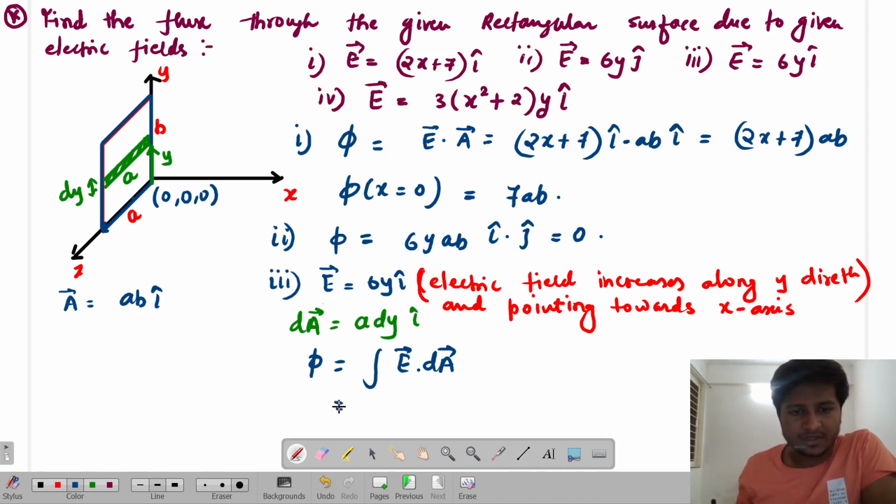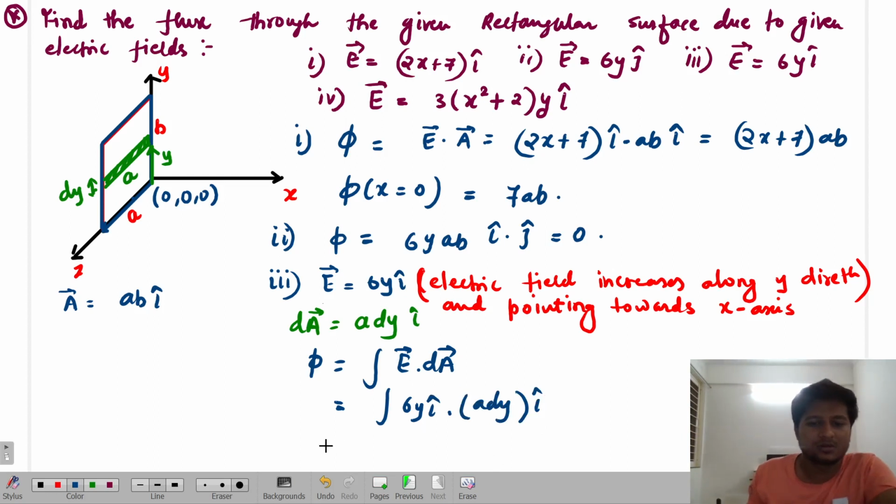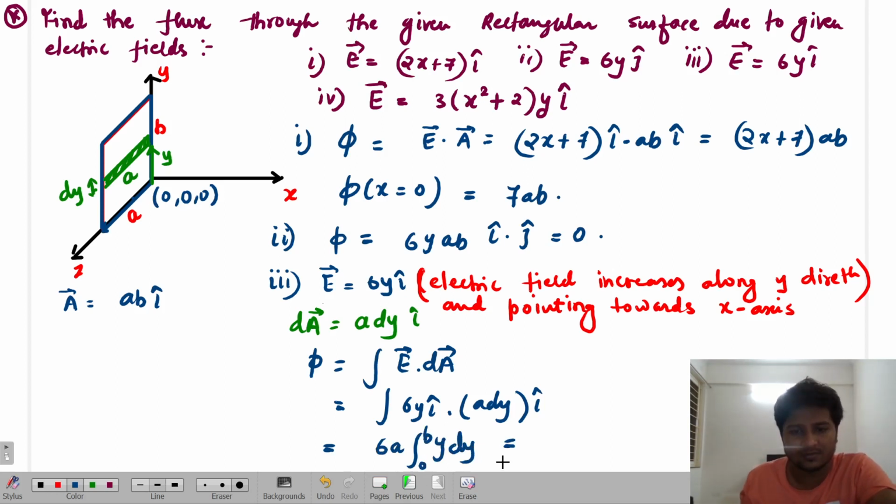So it can be written as the integral of E dot dA. The E vector is given as 6y i cap, dot a dy i cap. So it is 6a, which is common because it is constant, times y dy, and y varies from 0 to b. Are you able to get me?